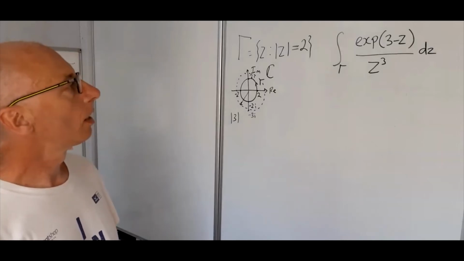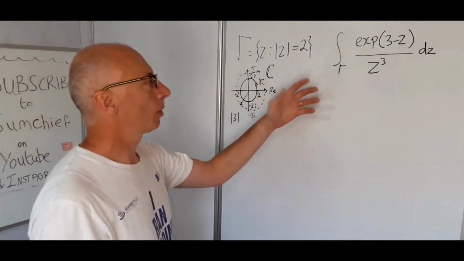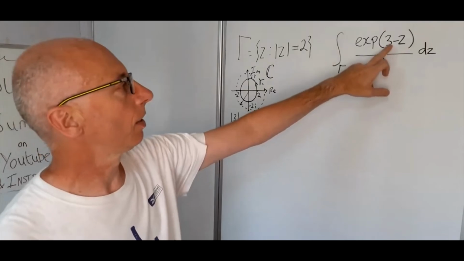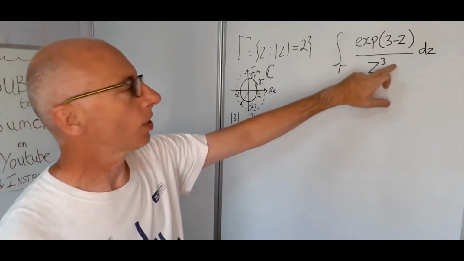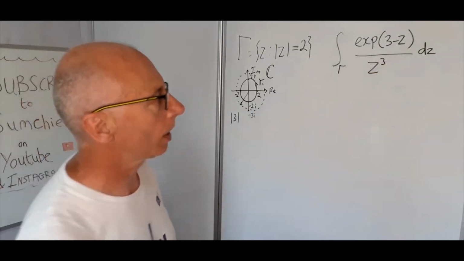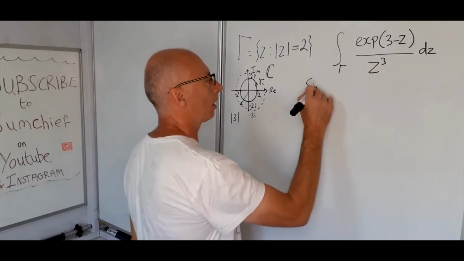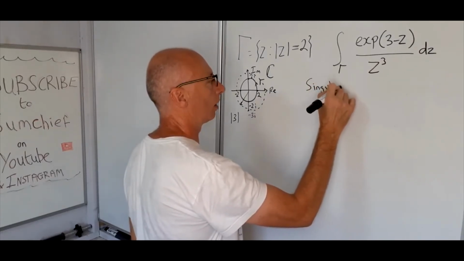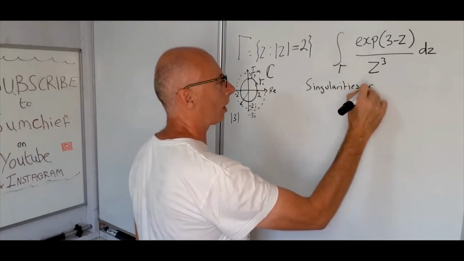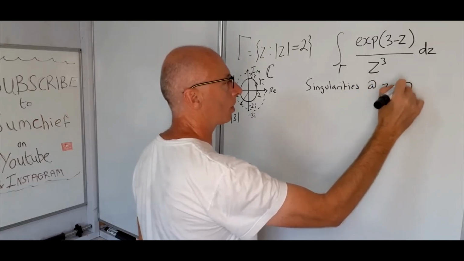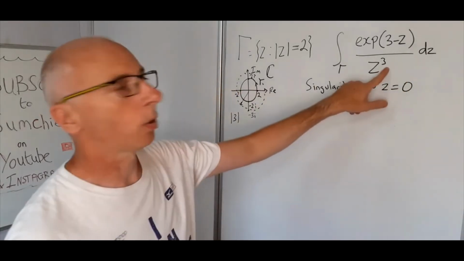Now what we need to do is find the singularities of this function. The singularities are quite easy to see. The singularity is at z equals 0, and you can see it's a pole of order 3.